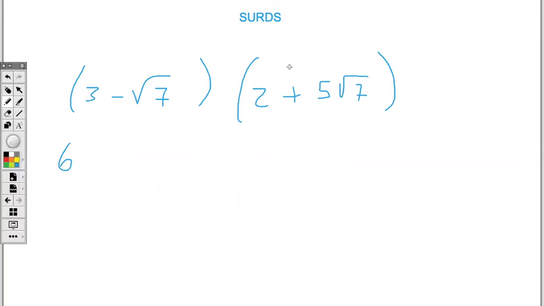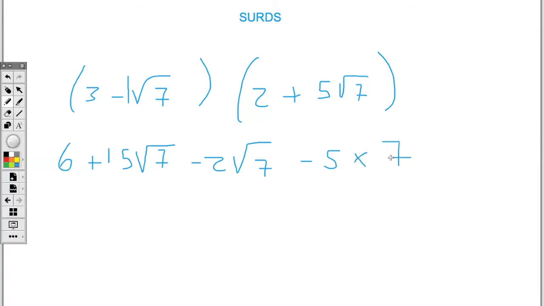Now, 3 times 5 root 7, remember we say 3 times a 5, so we write the 15, and then the root, which is root 7, then minus root 7 times 2, remember this is like a minus 1, so negative 1 times 2, that's negative 2 root 7, then negative 1 times 5, that will give us minus 5, and then root 7 times root 7, that's just 7.